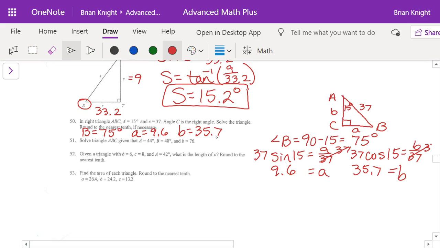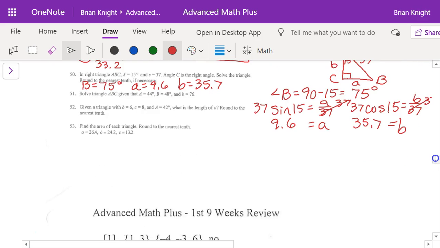Everybody good? Number 51. Let me erase. Everybody got the work? About to erase.